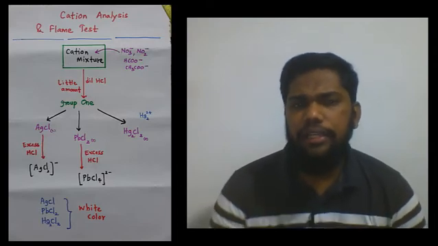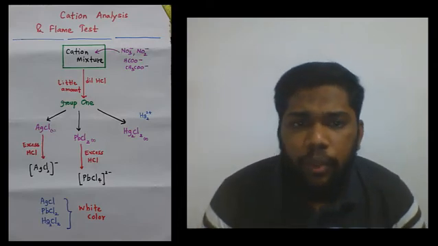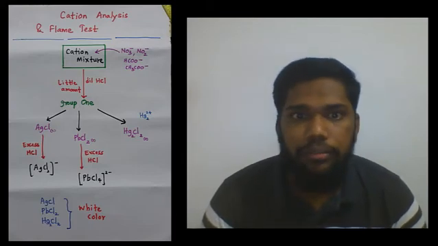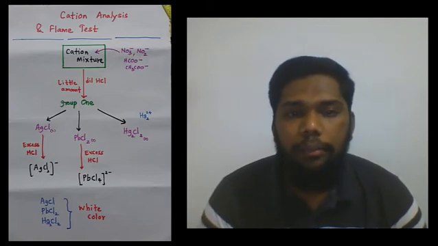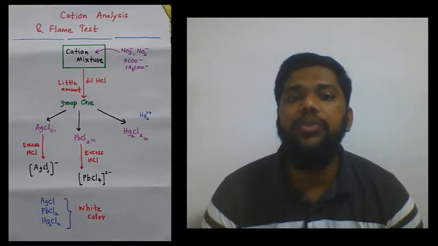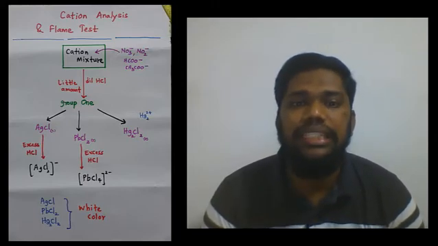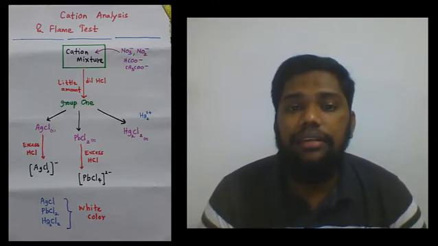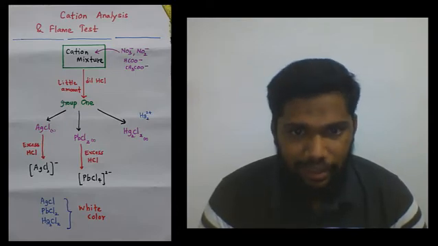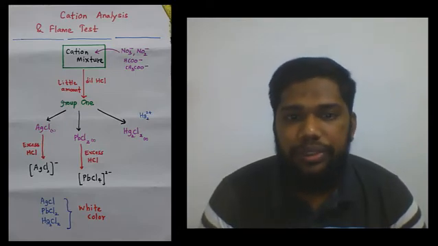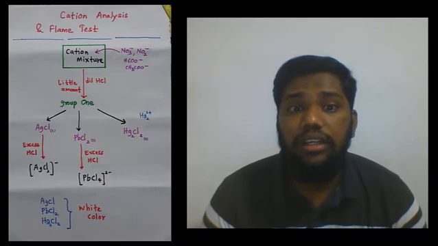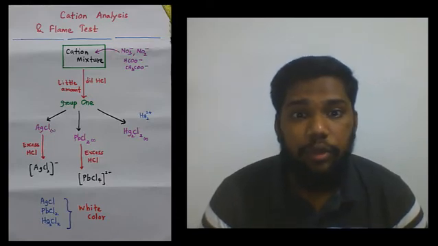Why do we add a little amount of HCl? If you add excess HCl or a little bit of conc HCl, AgCl and PbCl2 will dissolve, forming their relevant complexes, right? So there will be no precipitates there. Then you cannot complete the analysis for group 1.